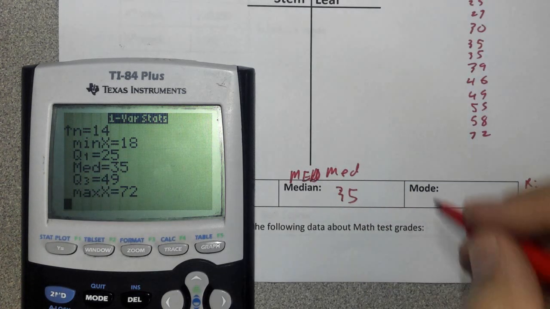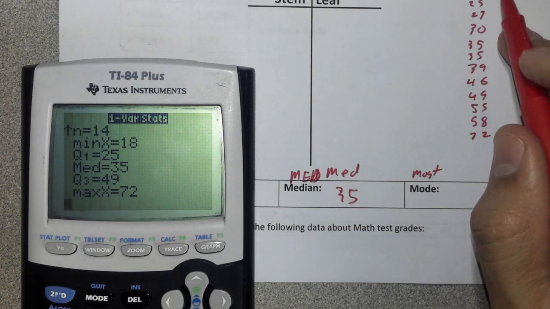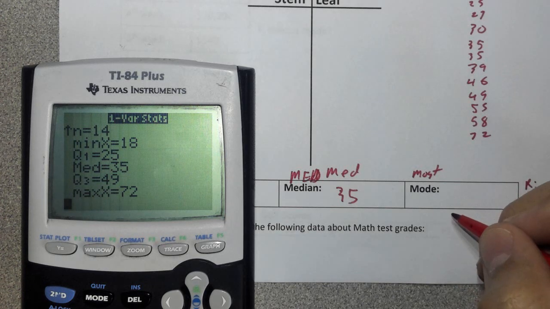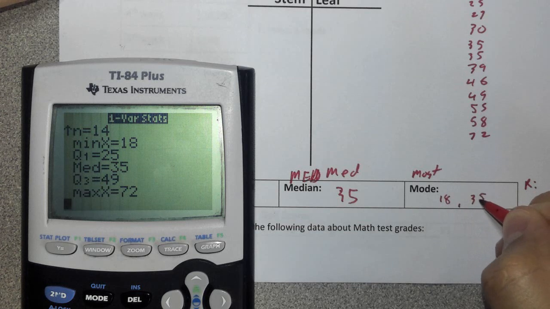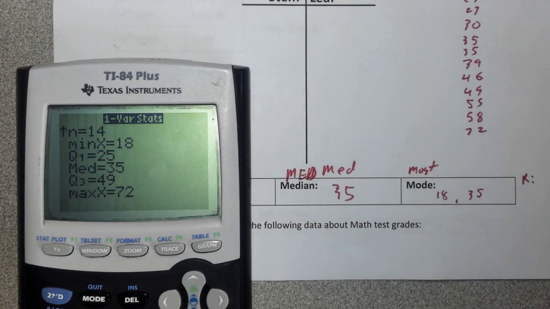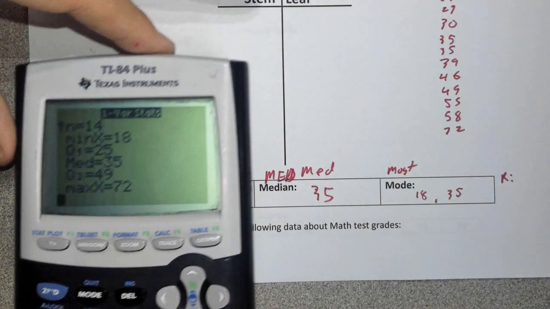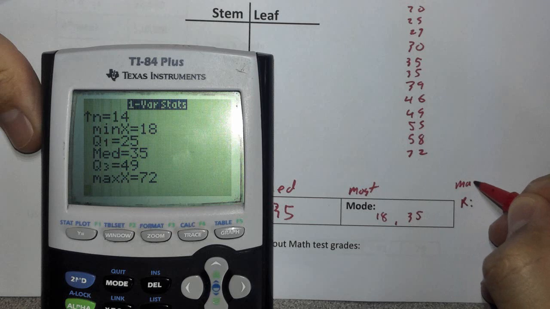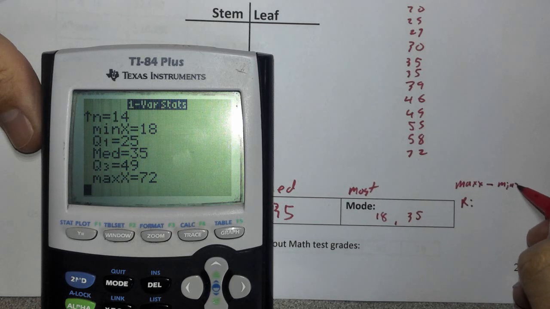Mode. My mode is what happens the most. 18 happens twice, 35 happens twice, so my mode would be 18 and 35 because they both happen the same number of times. My range is when I take my max x and subtract the min x.